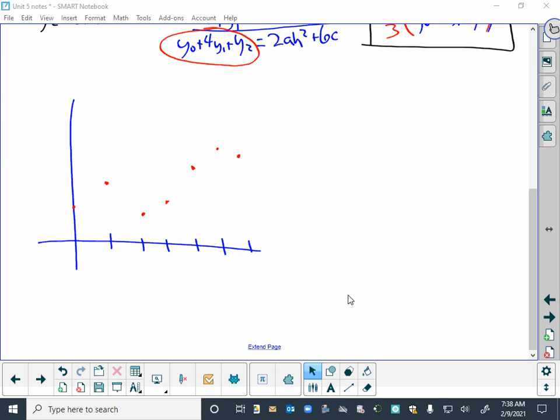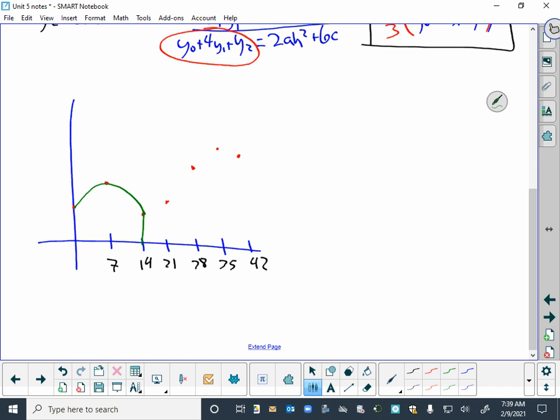All right, so let's take a look at what happens if we're stringing more of these together. So let's go ahead and label these points just as an example. Let's say these data points were in there every 7 units. So 7, 14, 21, 28, 35, and 42. And what Simpson's rule is going to do is take these first 3, say that's the parabola, and find the area there.